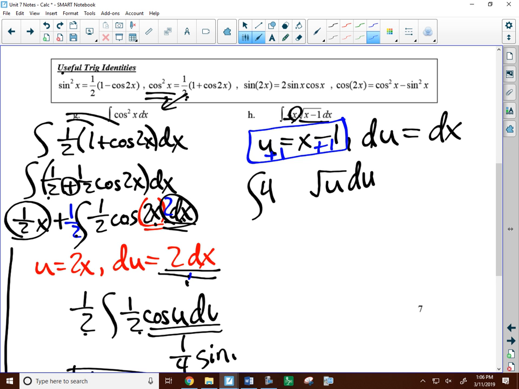So now x is u plus 1. And I can replace x with u plus 1. So when we add 1 to this, it would be u plus 1 equals x. So then what I'm going to do is plug in u plus 1 in place of x.